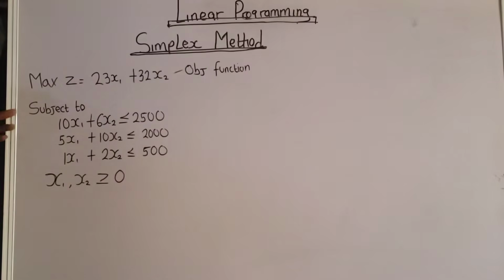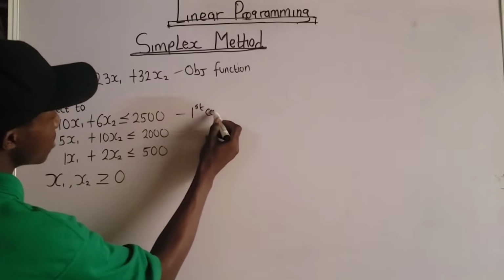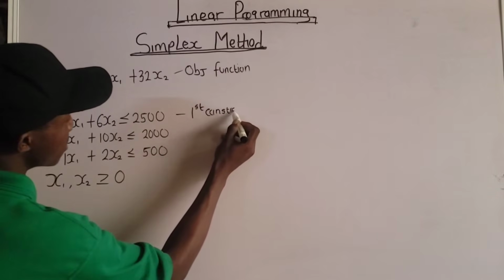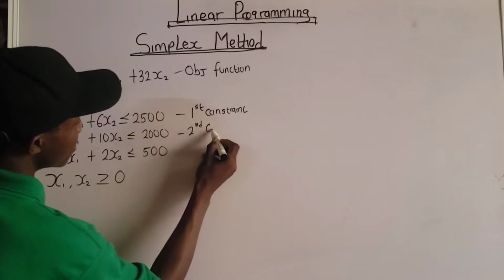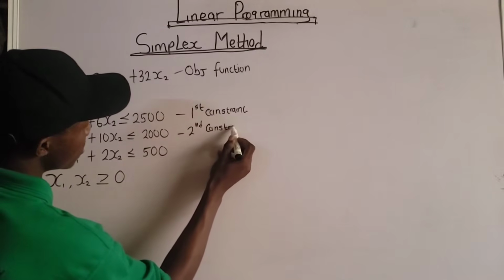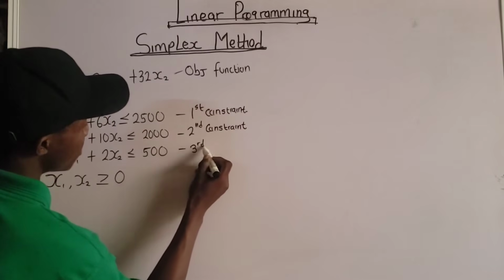Okay, and we have subject to. These are the constraints that the objective function is subject to. So let me call this constraint 1, first constraint. This is the second constraint. And this is the third constraint.